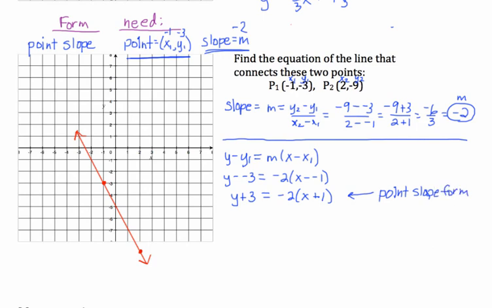Now I can simplify this to turn this into slope-intercept form. First I'll distribute. And then I'll get the y by itself by subtracting 3 from both sides.